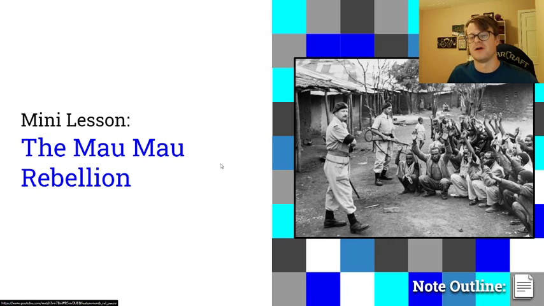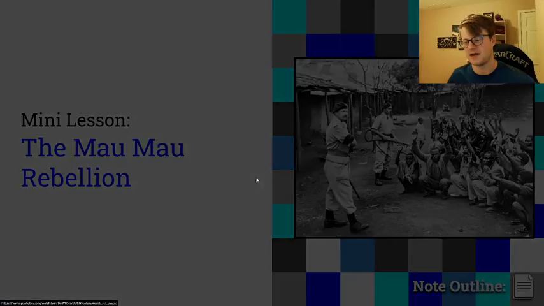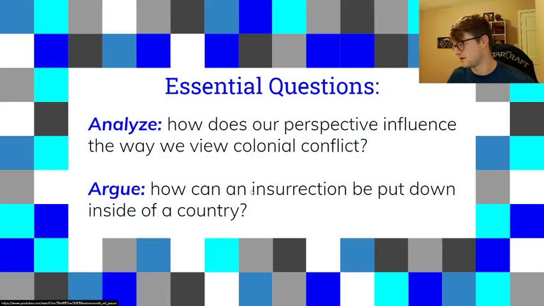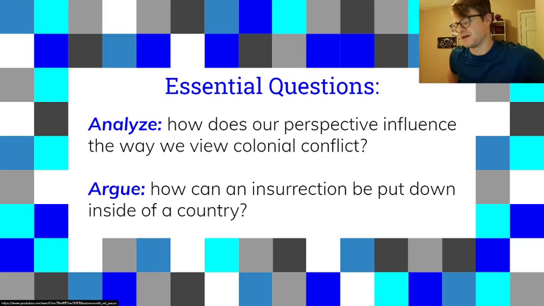So again, we're going to be looking at the motives of different players in the struggle for independence and nationalism in the settler colonies, right? We're also going to be talking a lot about the lenses that we're going to be using to look at the Mau Mau, because that is incredibly important, because it only happened back in the late 50s, 1960s.